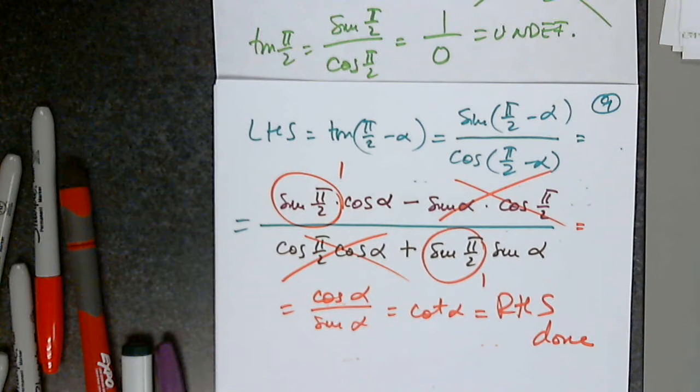If I say cotangent pi over 2 minus alpha, you will say tangent alpha. Secant pi over 2 minus alpha, cosecant alpha. These are the cofunction identities. Sine and cosine are cofunctions, tangent and cotangent are cofunctions, and secant and cosecant are cofunctions.